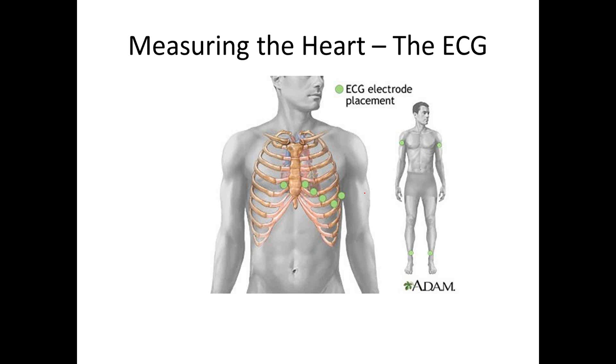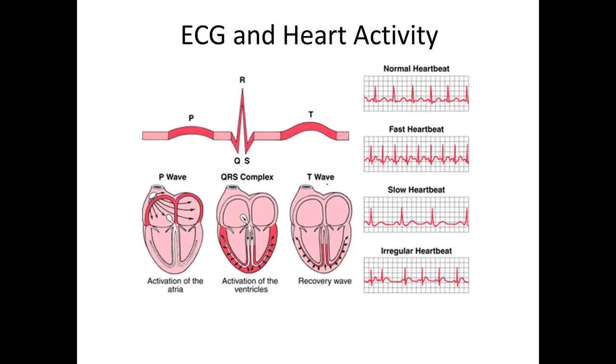So that's what a lead means in terms of an ECG. You can see here we've put electrodes in different parts. Those electrodes measure the electrical conduction of the heart at different times, and they can measure different levels of contraction. We can see that on the next diagram.